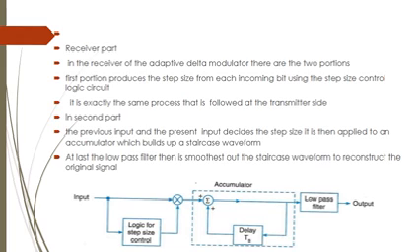In the second part, the previous input and the present input decide the step size. It is then applied to an accumulator, which builds up a staircase waveform. At last, the low-pass filter smoothens out the staircase waveform and reconstructs the original signal.